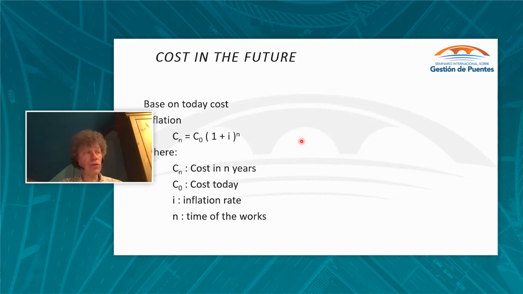I can also calculate this based on, of course, the inflation. And I have a relatively similar equation, which gives you the cost in the future based on the cost today, using the inflation and the number of years.